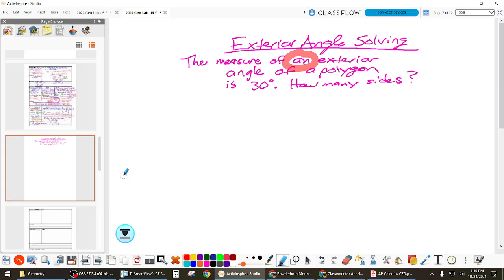How do we distinguish between total and the other version? Either the whole exterior or just the one. Each, yeah. Single. So exterior, one, each, those are all the same kind of idea.